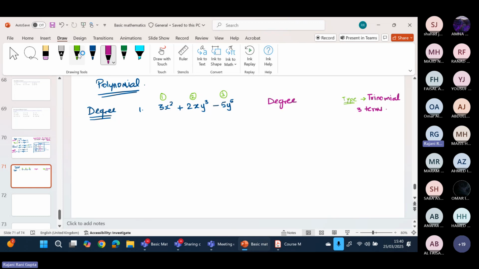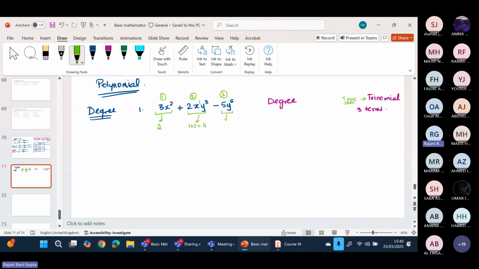So when we talk about the degree of a polynomial, we have to find the degree of each term. What is the degree of 3x power 2? 2. What is the degree of 2xy power 3? 4, because x is power 1, so 1 plus 3 gives you 4.